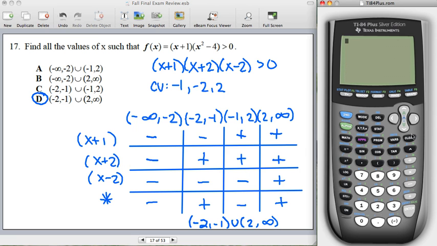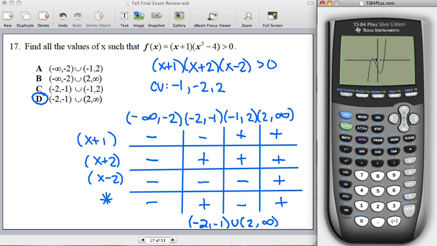Now you can actually do this on the calculator if you want to. I'm going to go ahead and graph this. So in my y1, I'm going to put x plus 1, and then x squared minus 4. Now we are looking for the portions of the graph where it's positive, where it's greater than 0.